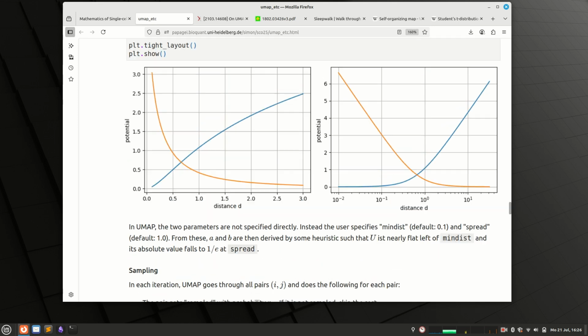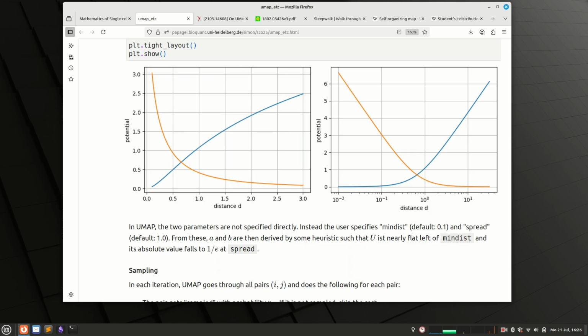And as you see, the repulsive and the attractive potential were in the same order of magnitude. So essentially this means that the attraction is much stronger than the repulsion, because the cell gets attraction from all its neighbors, but repulsion it only sees from 5 cells out of the whole 20,000 cells.